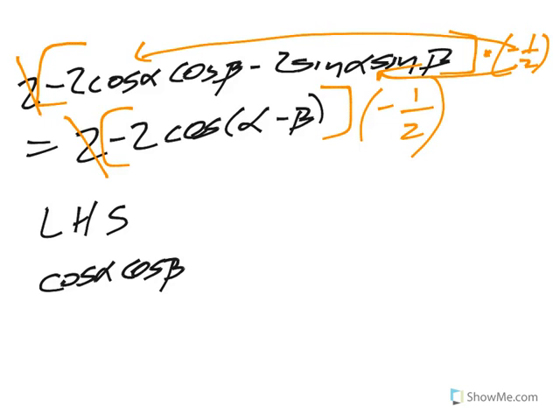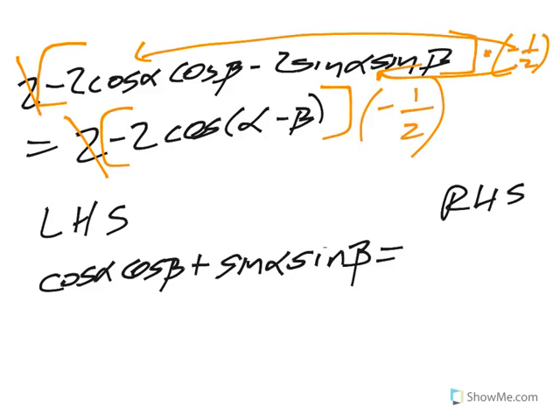Negative 1/2 times negative 2 is positive 1 times sine alpha sine beta. And on the right-hand side, same deal. When that negative 1/2 hits that one term, negative 1/2 times negative 2 is positive 1. Pardon me. Go Giants. It's cosine of alpha minus beta.